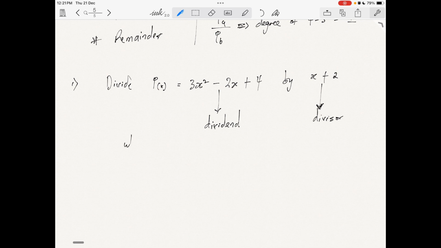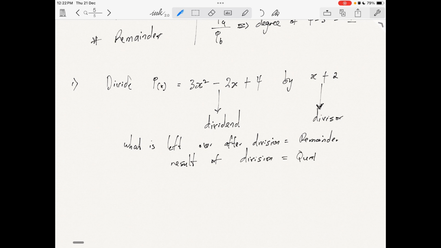Now what is left over after division is called the remainder, and the result of division is called the quotient.